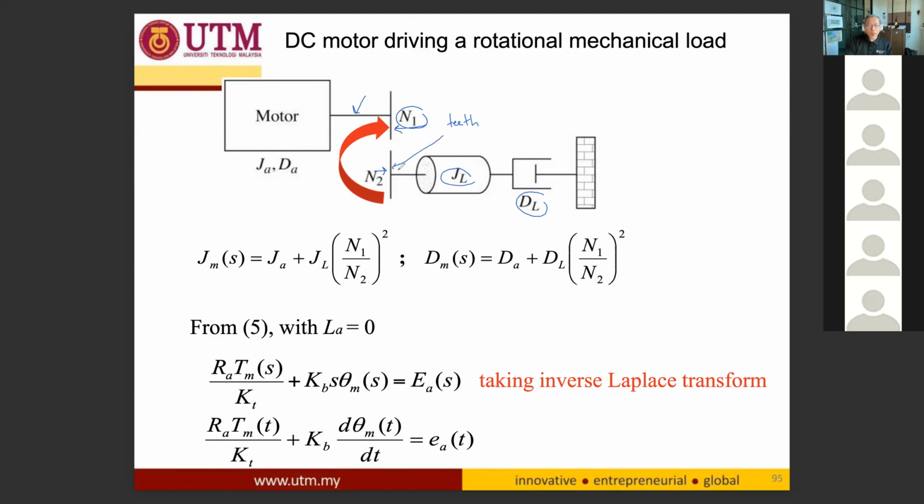Of course it will rotate, one clockwise and the other anti-clockwise because of the gear.